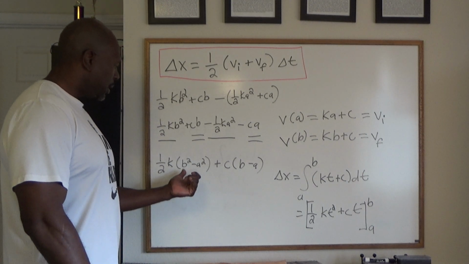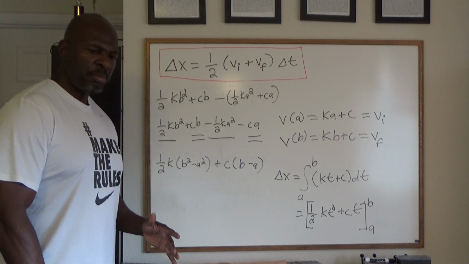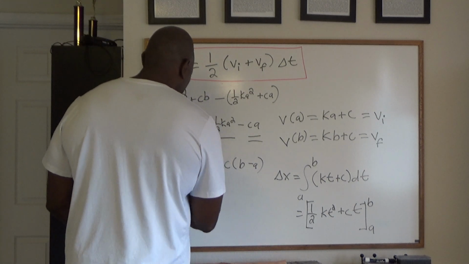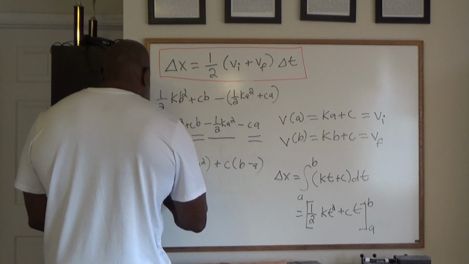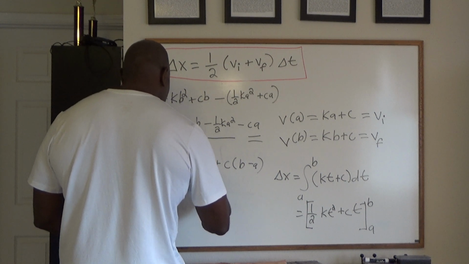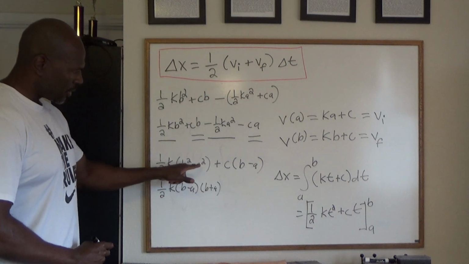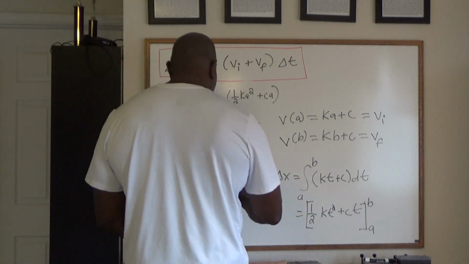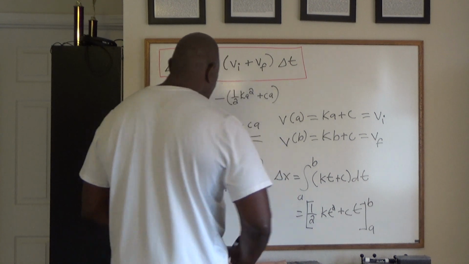Now, b squared minus a squared is b minus a times b plus a. So 1/2 k times b minus a times b plus a, so all we did is factor this, and still plus c times b minus a.